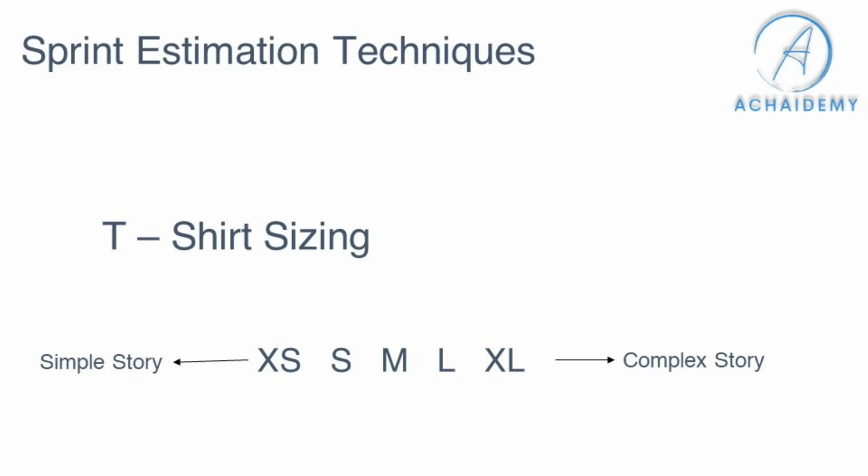It is the same as the Fibonacci series, but a different concept, the T-shirt size, and it is assigned to the story once the team understands the story. Generally, these two, the Fibonacci series and T-shirt sizing, are the ones mainly used in any team.